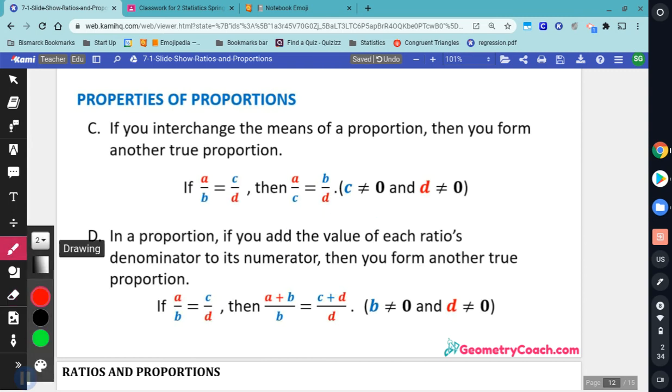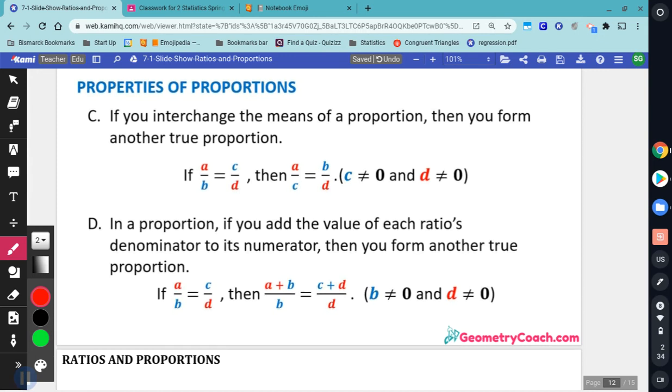And then the last one, if you add a value to each ratio's denominator, you form another true proportion. Now this one, if I multiply it out, I'm not quite sure what's going to happen.